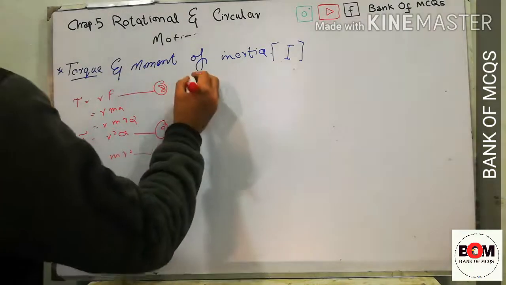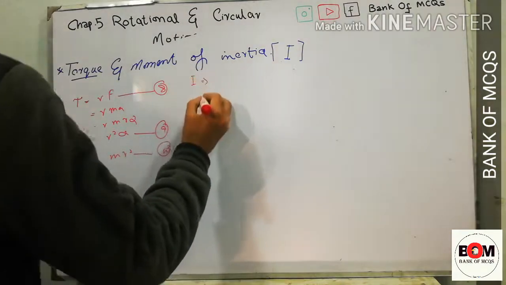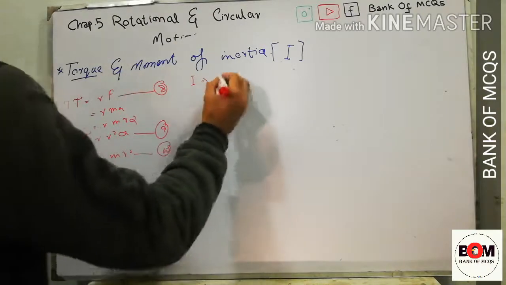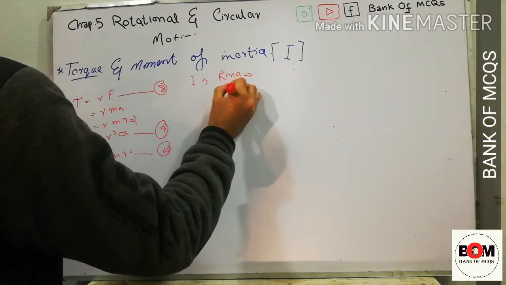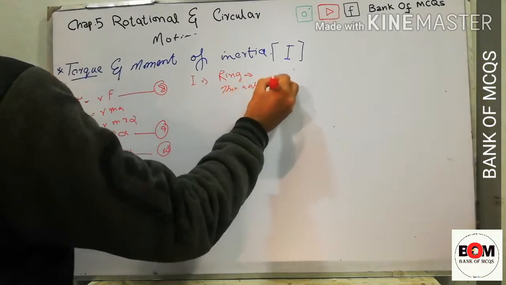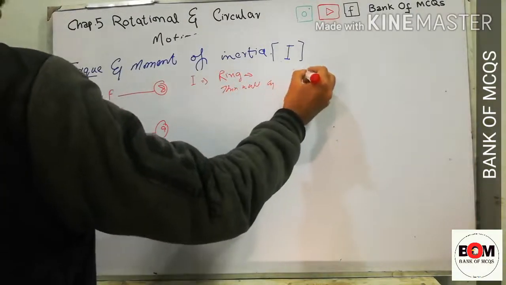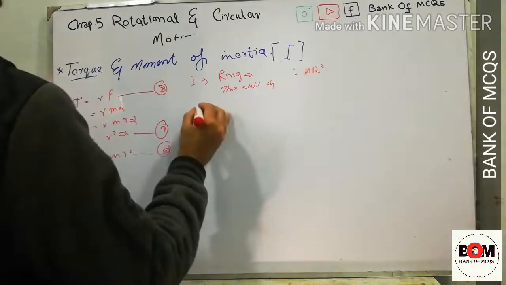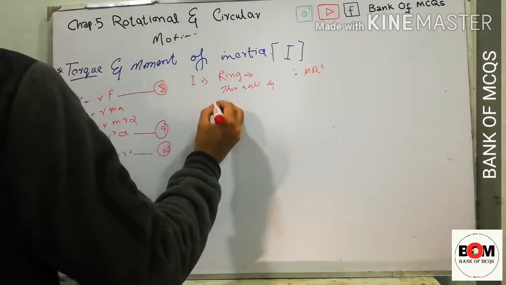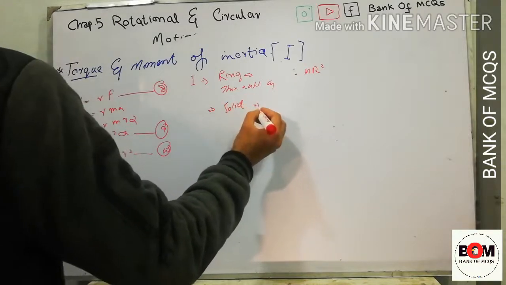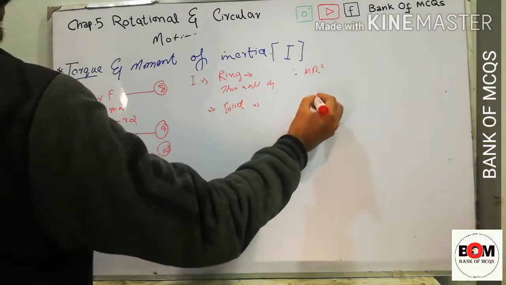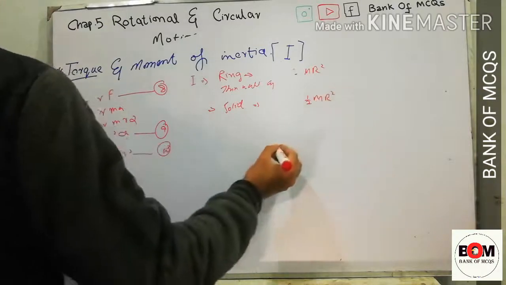The next are the I values for some special objects. If we have a ring or thin wall cylinder, for that I is equal to M R square. The second is the I value for a solid cylinder or fully filled cylinder, that is equal to half M R square.